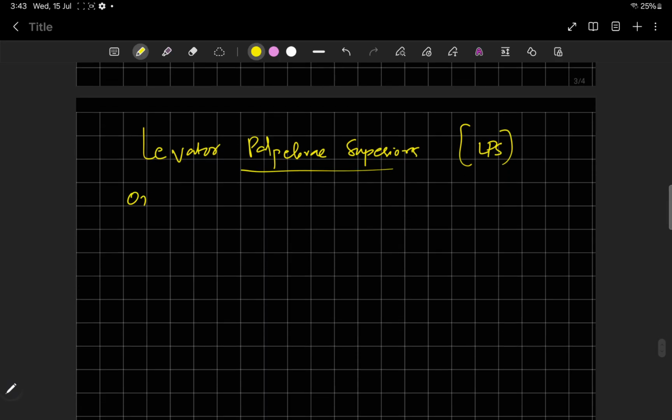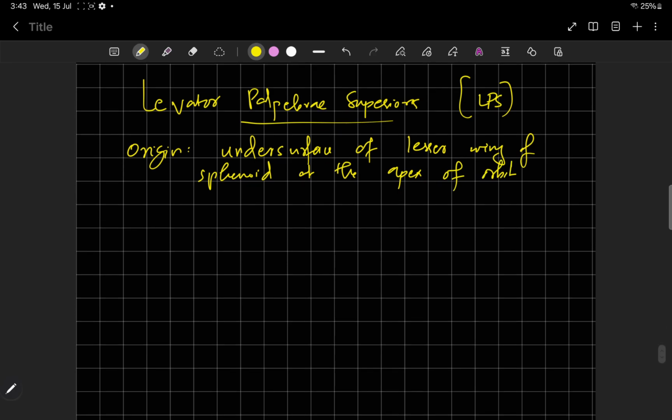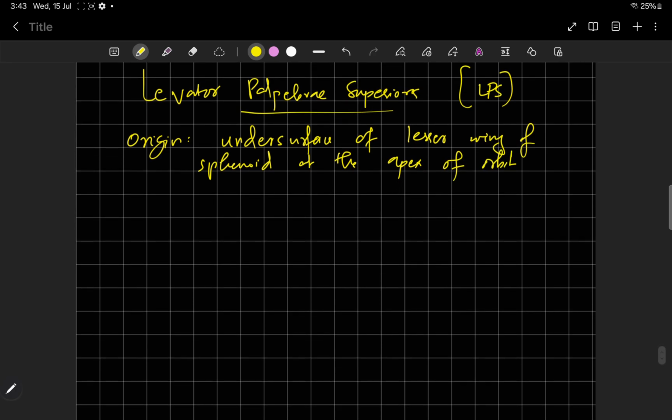So coming to the origin, it is originating from the under surface of lesser wing of sphenoid at the apex of orbit. The diagram doesn't represent the origin of LPS.